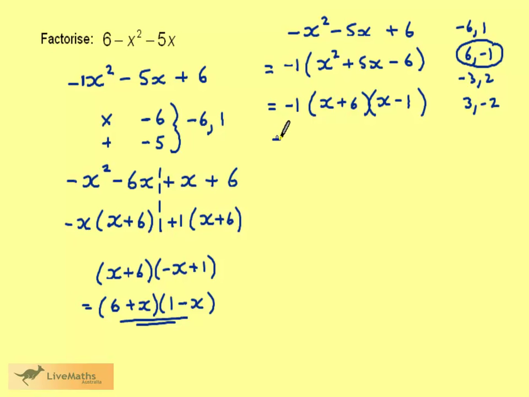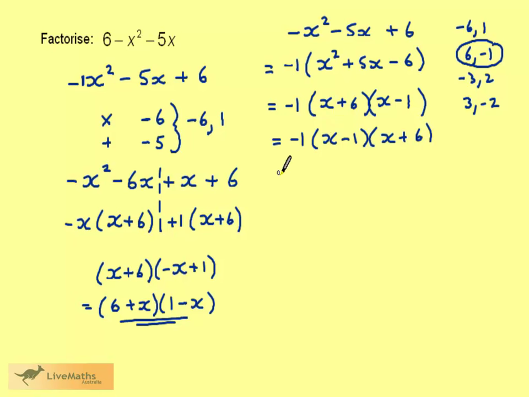Remember, we just have three things multiplied together: the minus 1, the x plus 6, and the x minus 1. When things are multiplied together, the order is unimportant. So I'm going to write this as minus 1, then the x minus 1, and finally the x plus 6.